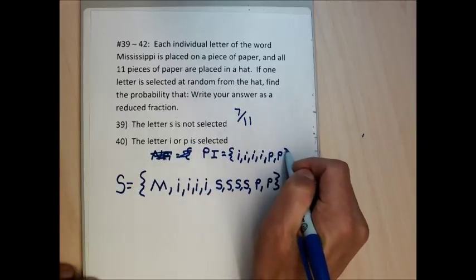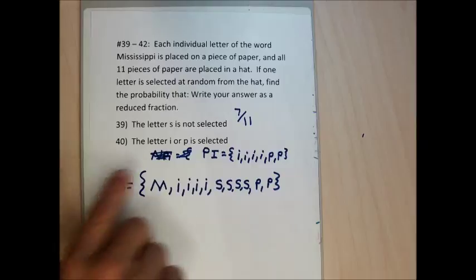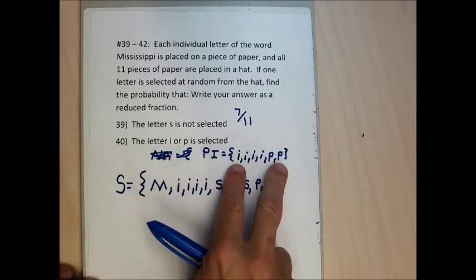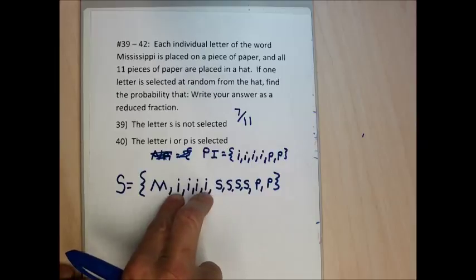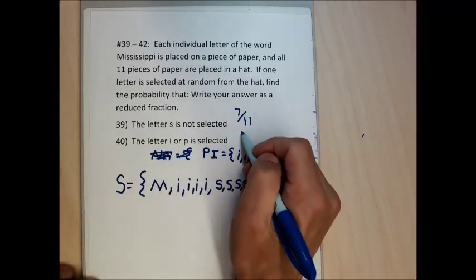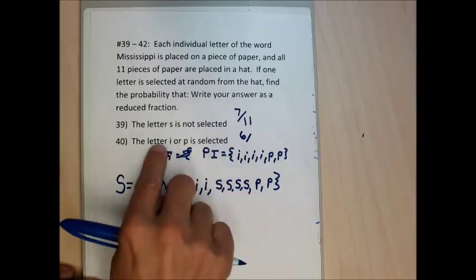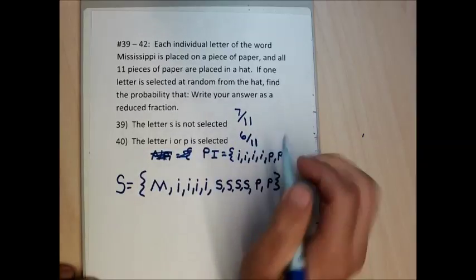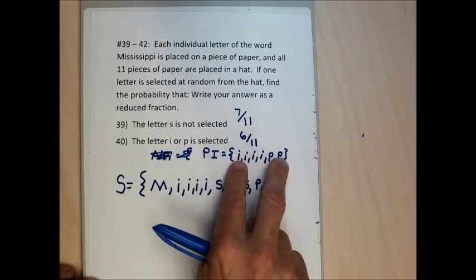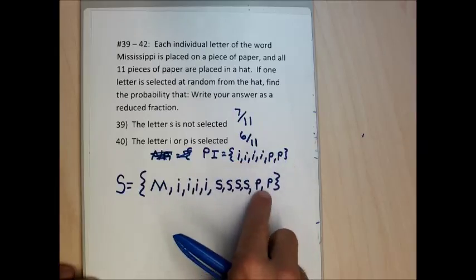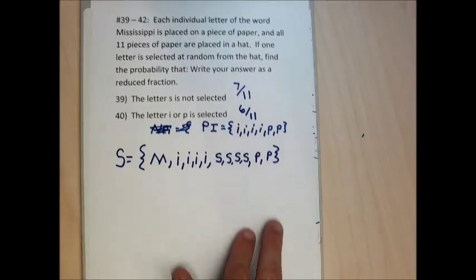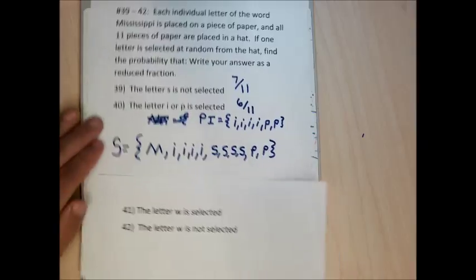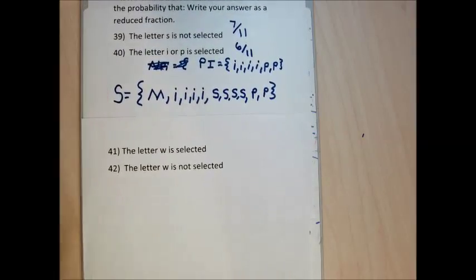My numerator for the probability that I get a P or an I is going to be 6 because there's 6 letters that fit I or P. My answer is going to be 6 over 11. 6 because there's 6 letters in the set that are I's or P's, 11 in the denominator because there's 11 slips of paper in the hat.